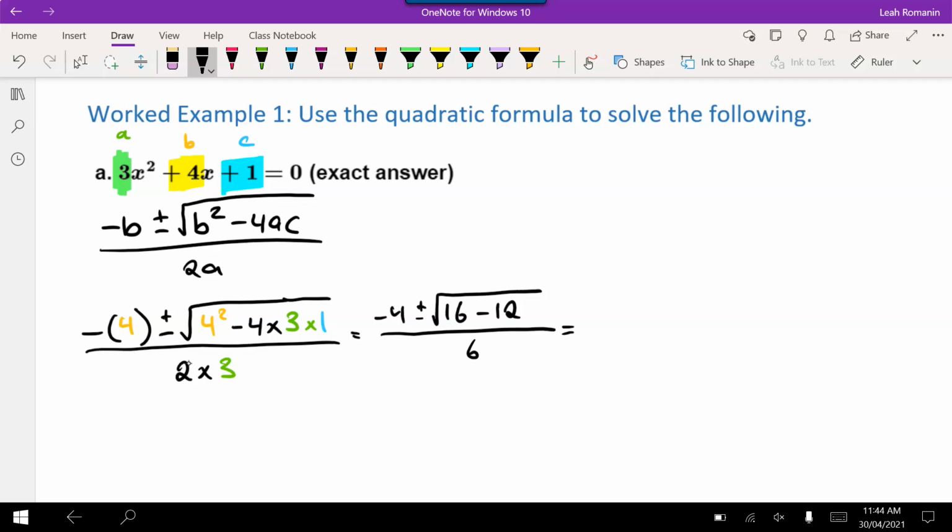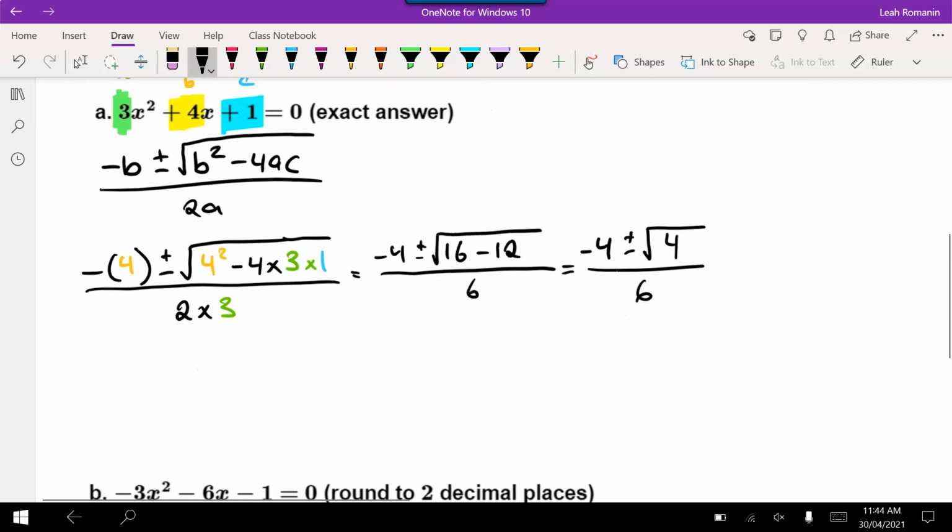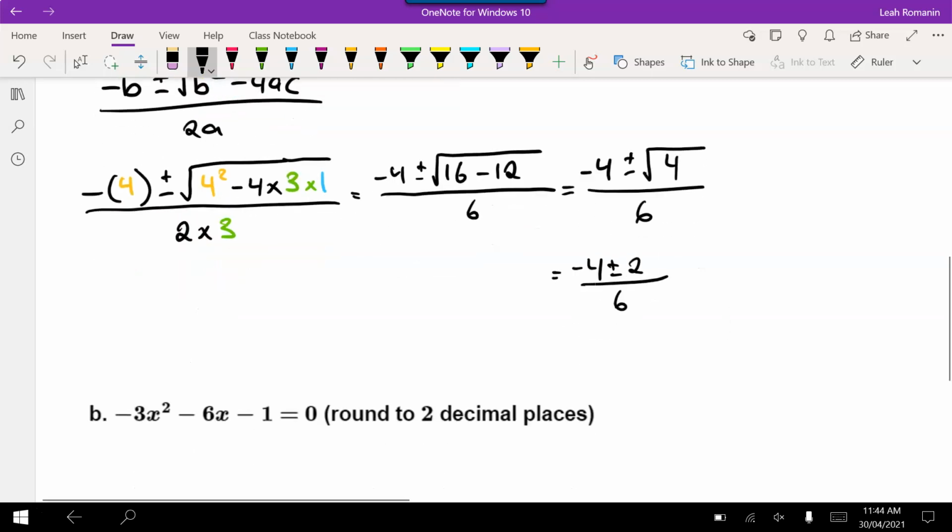And I'm just going to keep simplifying. It takes a couple of steps. So I'm going to keep that negative 4, but inside the square root this time, 16 minus 12 is 4, over 6. Then my next line down, negative 4 plus or minus the square root of 4, which is 2, over 6.